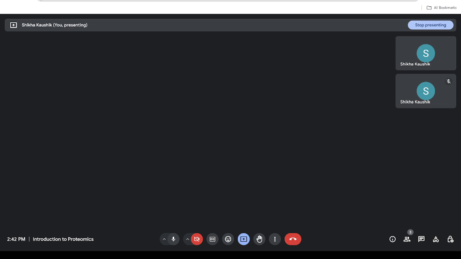So the analyzer separates ions, mostly on the basis of mass to charge ratio, and it measures their mass to charge based on the time they take to pass. So the time of flight basically depends upon the mass to charge ratio.